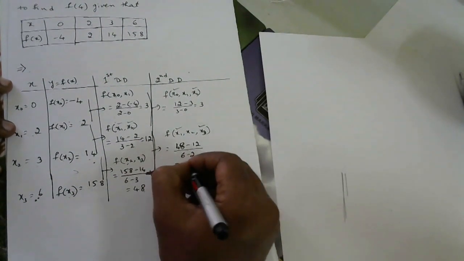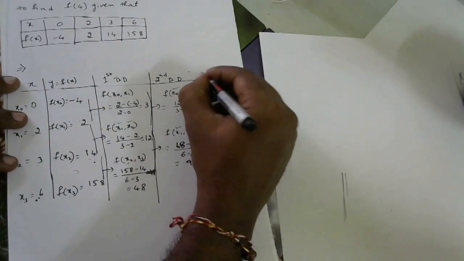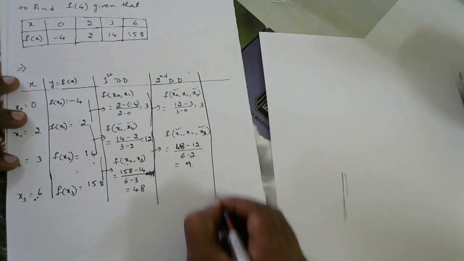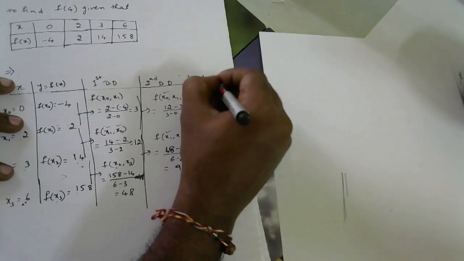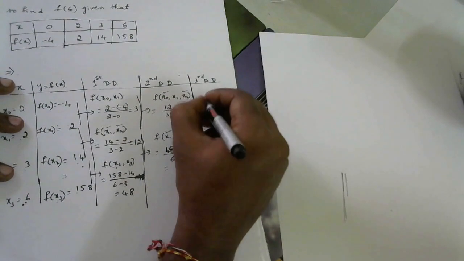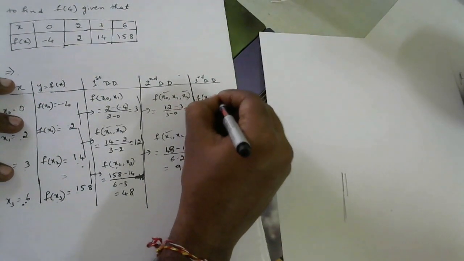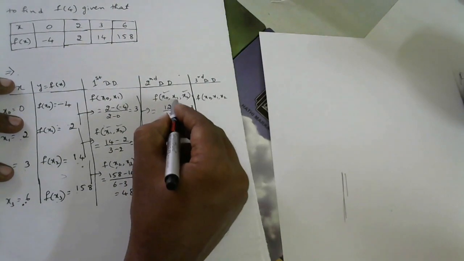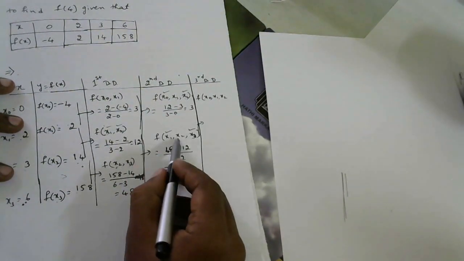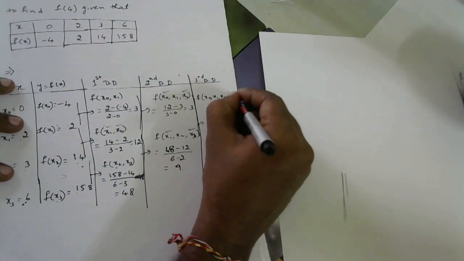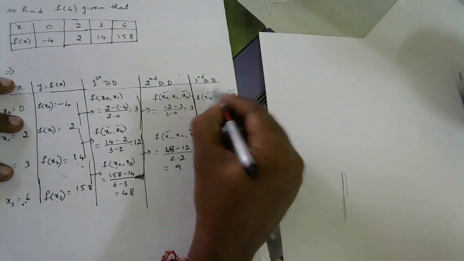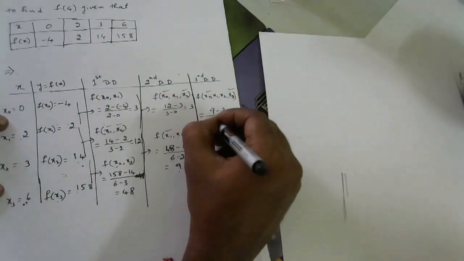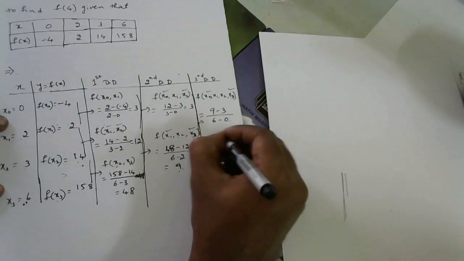You'll get 9. Now the third divided difference: f of x naught, x1, x2, x3 equals 9 minus 3 divided by 6 minus 0. We'll get 1.